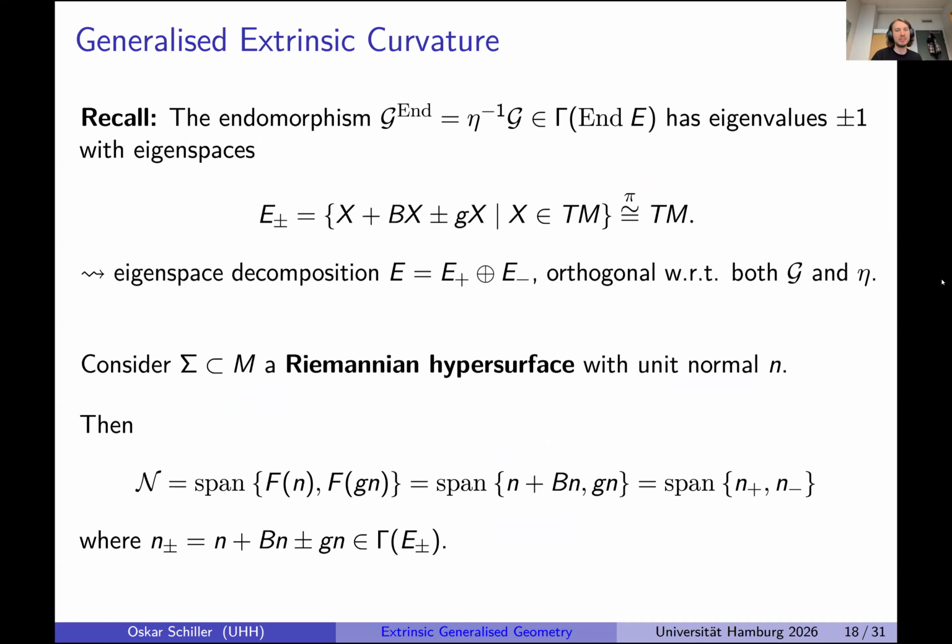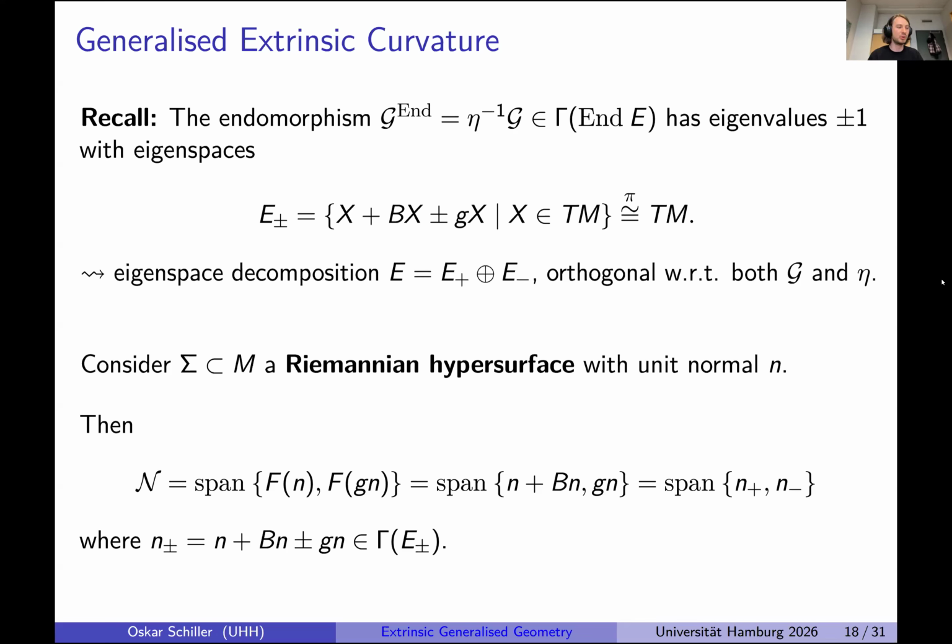These are given as stated there, and the important thing to keep in mind is that they are both isomorphic to the tangent bundle, and the anchor describes the isomorphism. So they are isomorphic as vector bundles to the tangent bundle. And you have this eigenspace decomposition, which is orthogonal with respect to the generalized metric and the inner product.